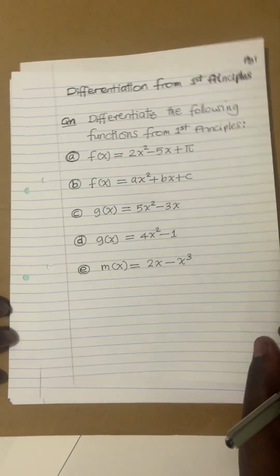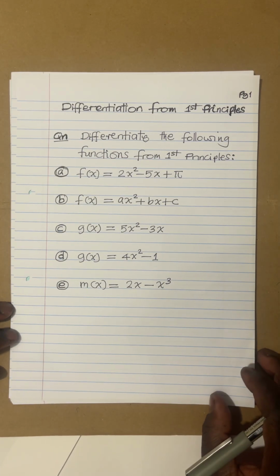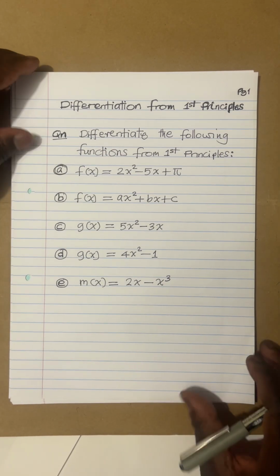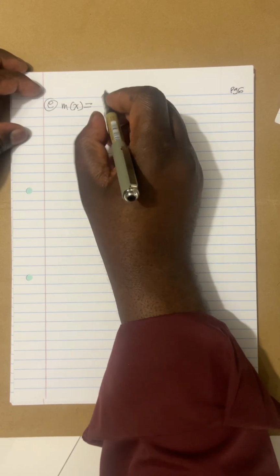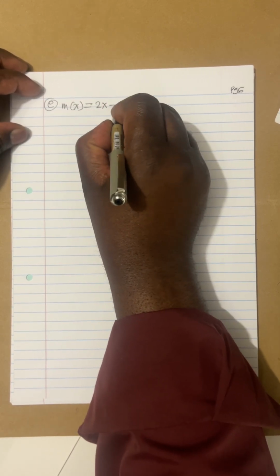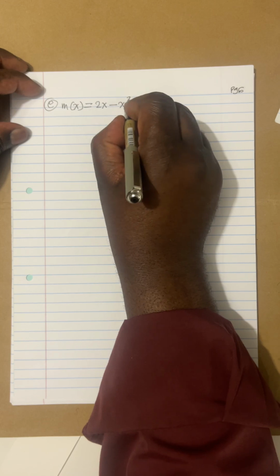Finally, our number E, we have m of x is equal to 2x minus x cubed. So number E, m of x is equal to 2x minus x cubed.